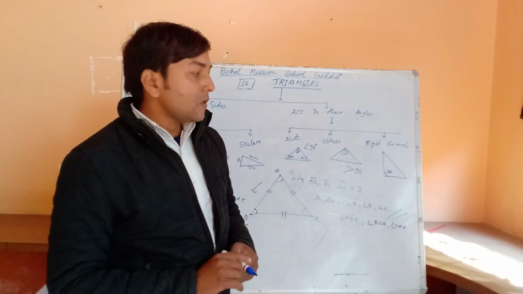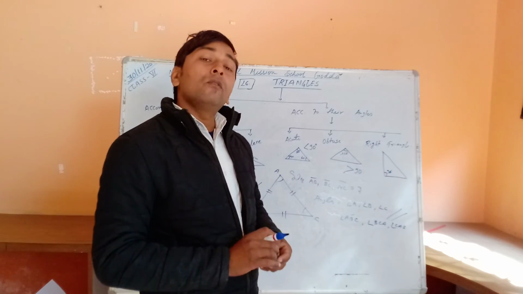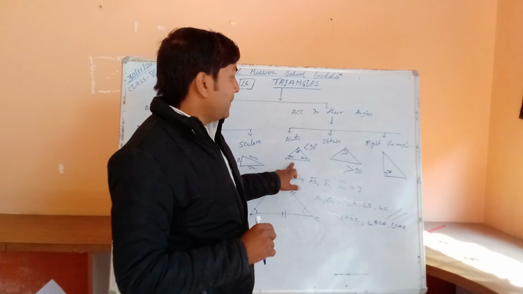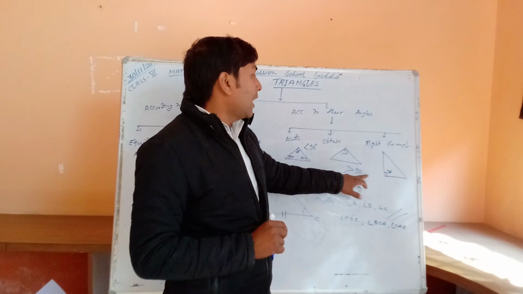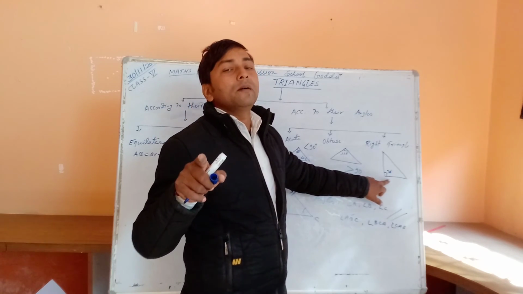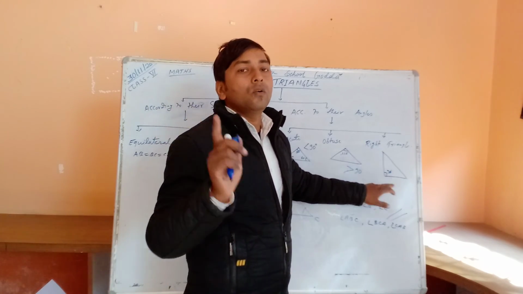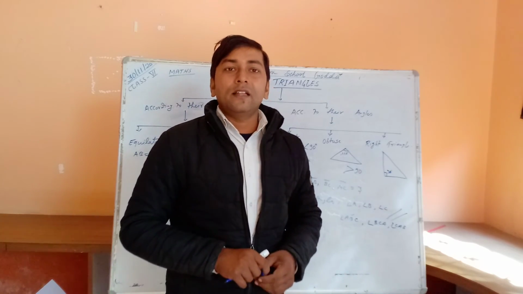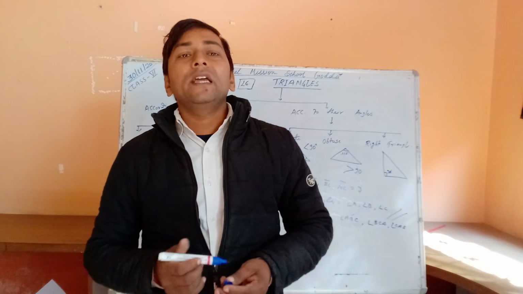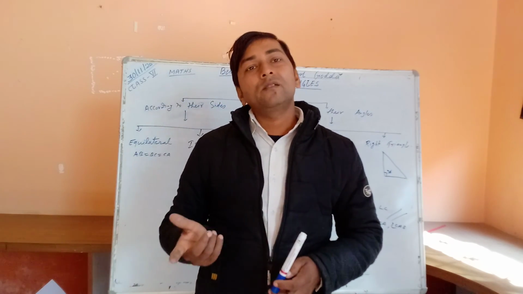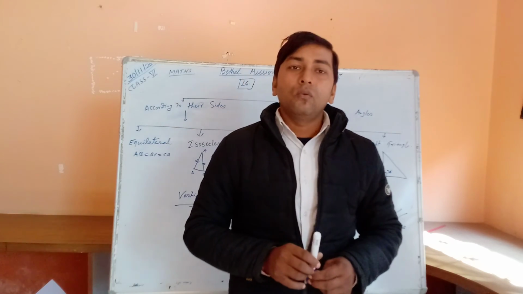How many acute angles can there be? 3 acute angles can be, but 90 degree can be only one, and more than 90 degree also only one. So the question arises, how many right angles can be in a triangle? The maximum is only one.